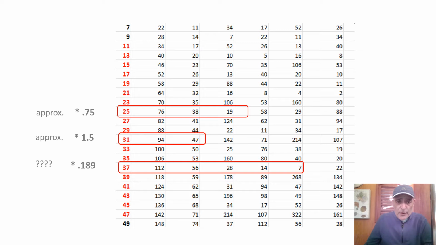So we can see approximately 19 is 0.75 of 25, and 47 is 1.5 of 31. And this other mysterious one is way off a whole number. Well, of course, 1.5 isn't a whole number either, but you can express that as 3 over 2, which might satisfy a number theorist.